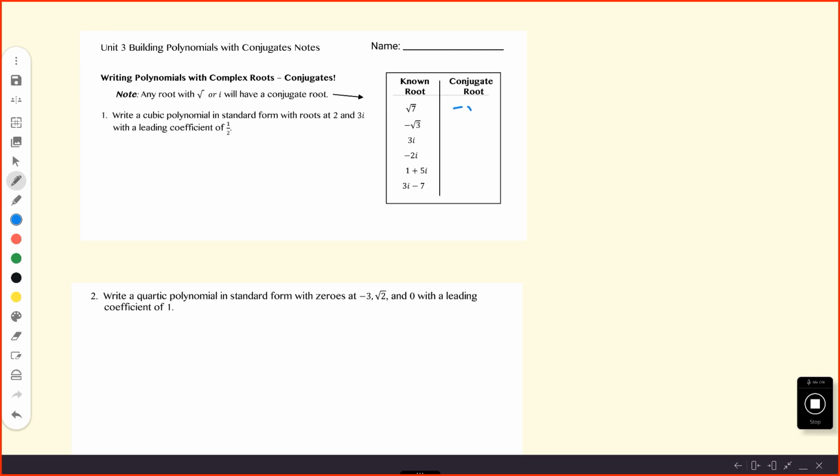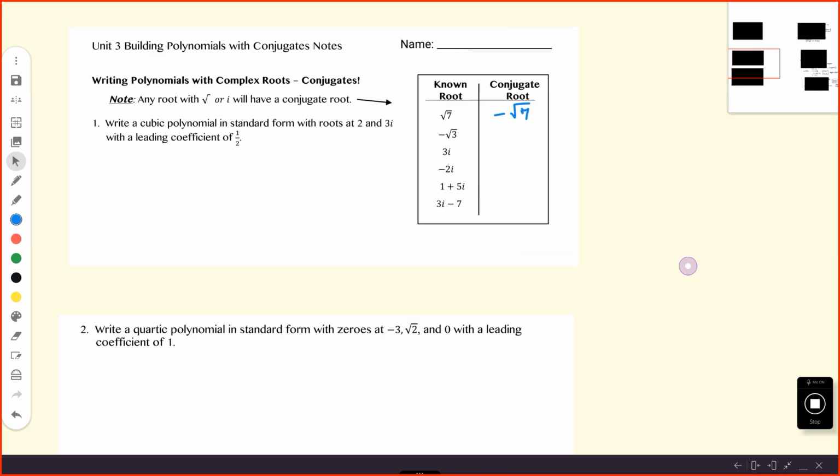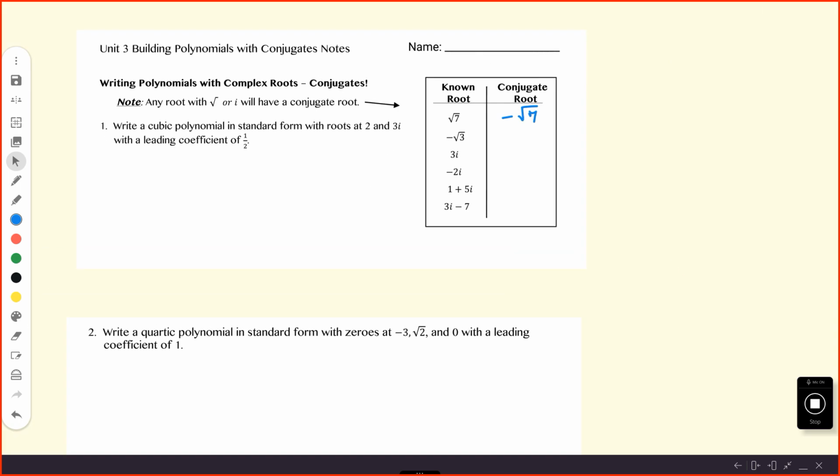It's just a negative square root of 7. So if you're asked to find the conjugate of the given root, it's just the opposite sign of the given root. If the known root is negative square root of 3, what is the conjugate? It's the positive square root of 3. Again, the first two are your irrational roots.